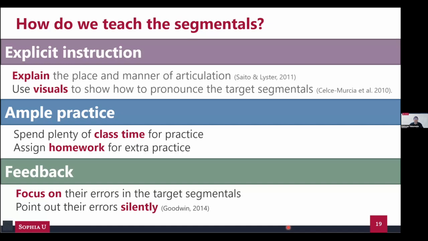Okay, so please explain the place and manner of articulation, how to pronounce each segmental, how to pronounce L, how to pronounce R. And when you do that, please use visuals to show how to pronounce the target segmentals. There are a lot of videos available on YouTube. You can show that, and using video is helpful because they can actually show the inside of the mouth too.